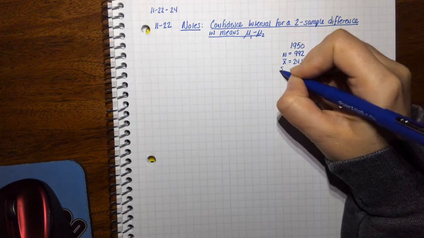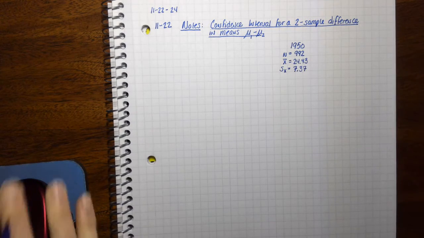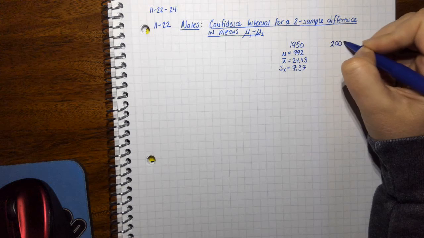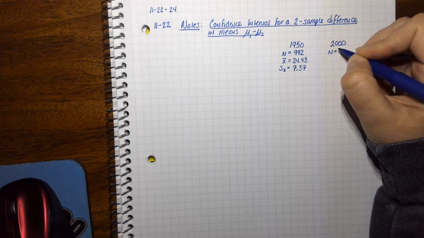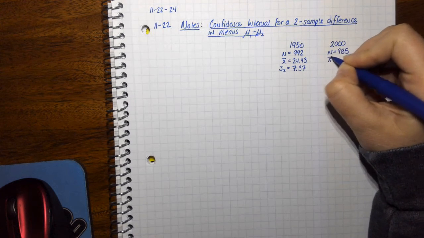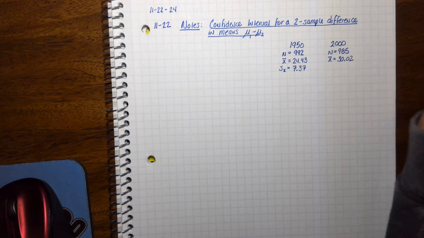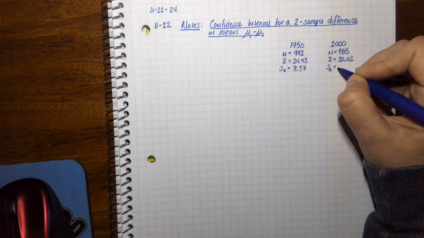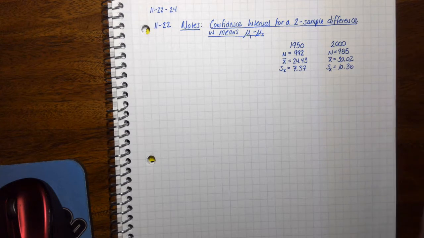And standard deviation was 7.37. And then in 2000, you have 985 in your sample. The age had increased to 30.02, which is not surprising to me at all. And the standard deviation has grown. It's a little bit more spread out than it was in 1950. That makes sense too. 10.36.